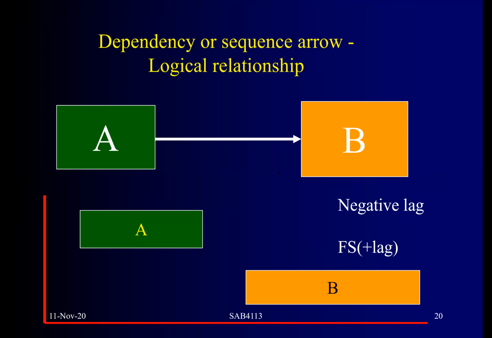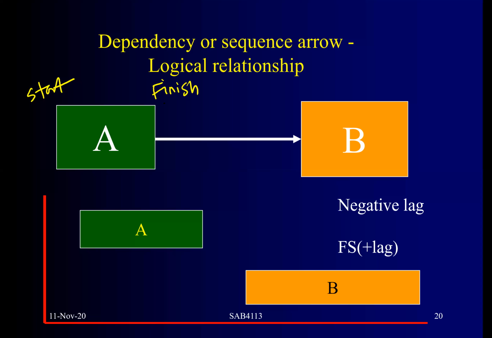Dependency, logical relationship. When you draw something like this, A and then B, you remember if we draw it, it is as if it is an AON diagram. So the left side of the box indicates start, and this is finish.